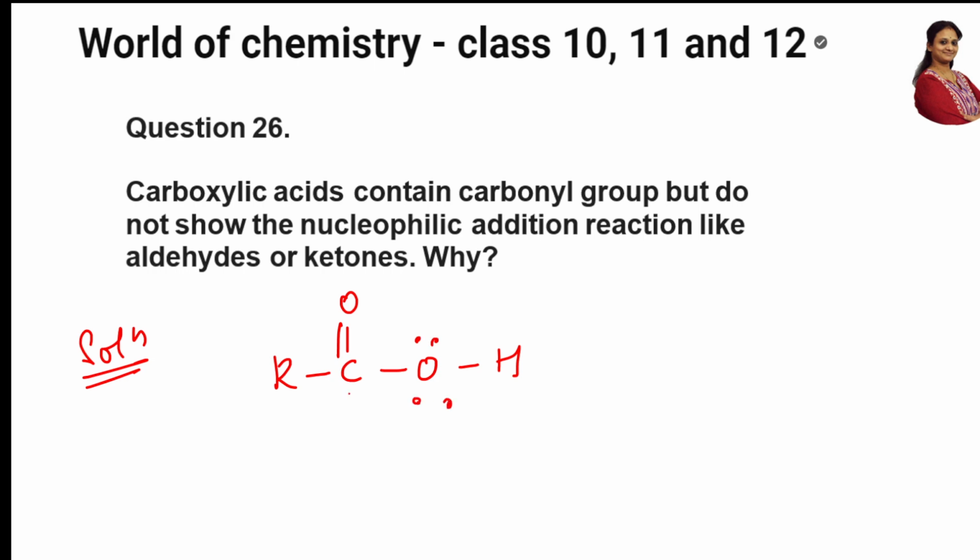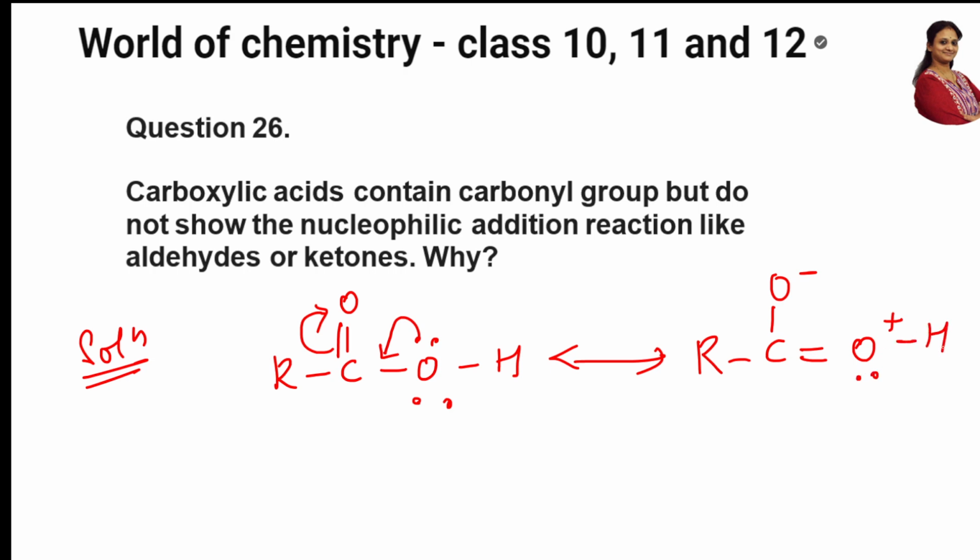Because of the presence of double bond, it shows resonance, right? When it shows resonance, what will happen? This one shifts here and this drops here. What do you get? R, C, oxygen minus, because the bond has shifted to oxygen, and double bond oxygen, because it has lost a pair of electrons because of the formation of the double bond, and hydrogen.